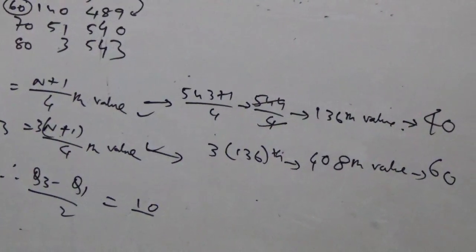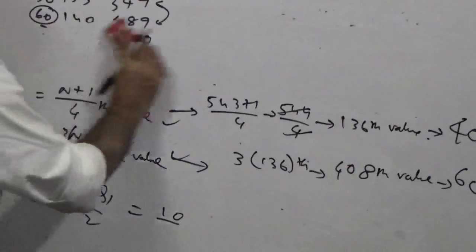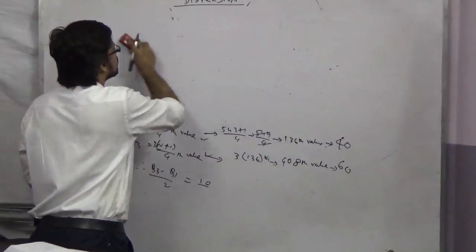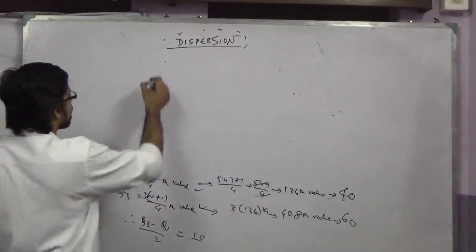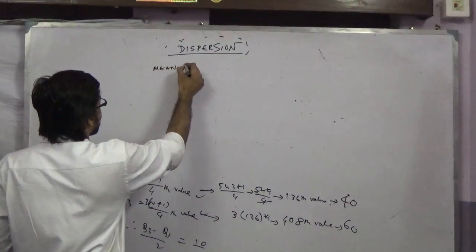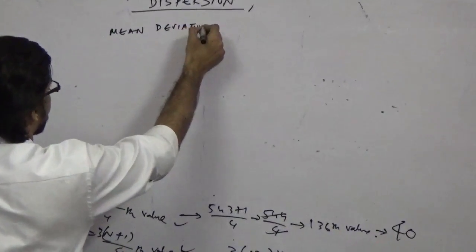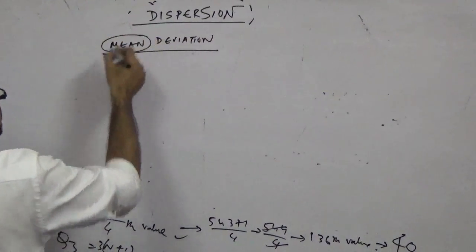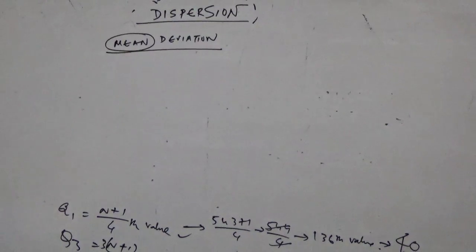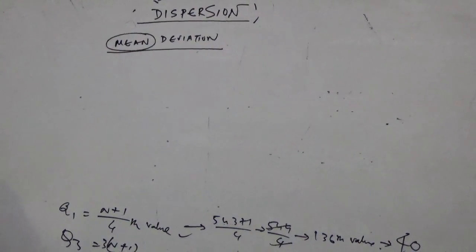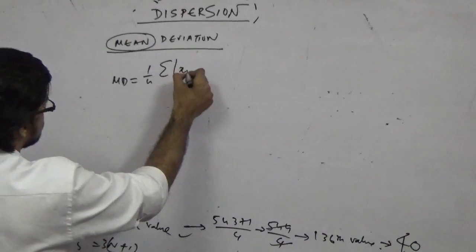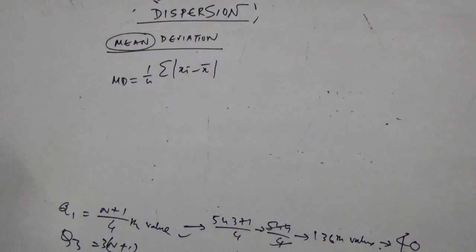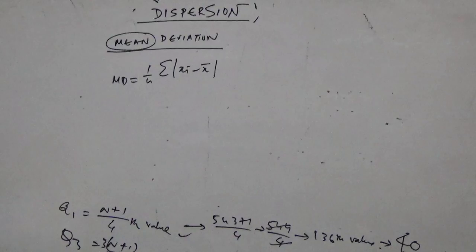Next is mean deviation. The next concept with respect to dispersion is mean deviation. Just by the word, deviation or fluctuation from the mean, it shows where the fluctuation is actually going, and it has a very basic formula: mean deviation is 1 by n summation of modulus of xi minus x bar.